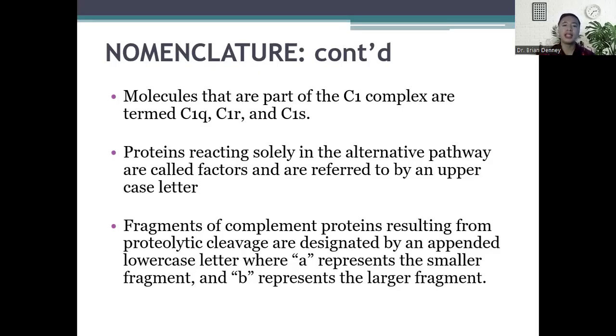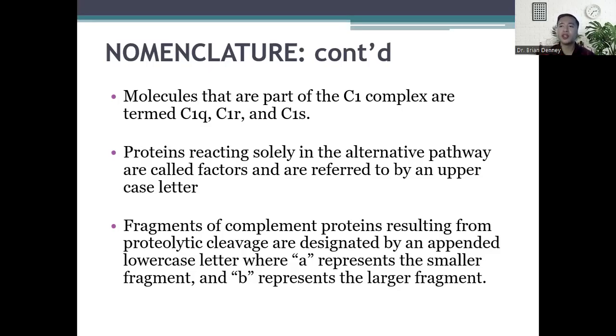Proteins reacting solely in the alternative pathway are called factors and are referred to by an uppercase letter. How do you name the proteins in the classical pathway? Starts with capital letter C, followed by a number. But it's different in your alternative pathway. Why?